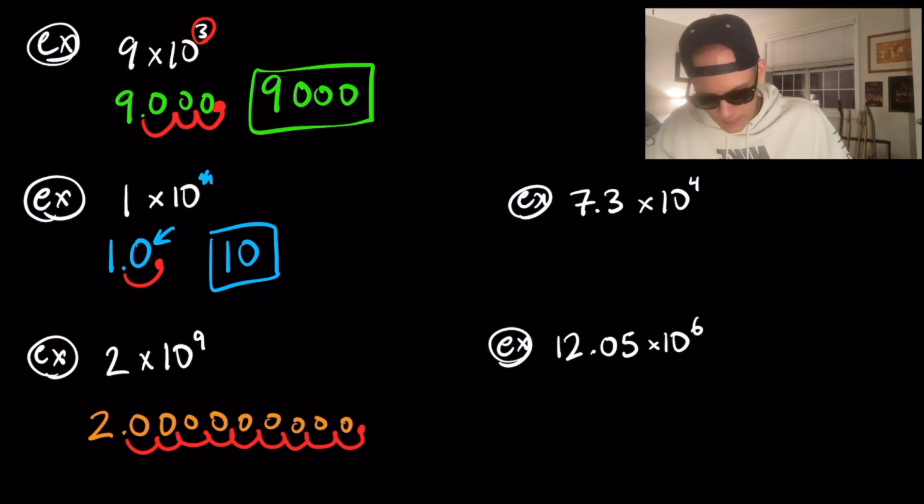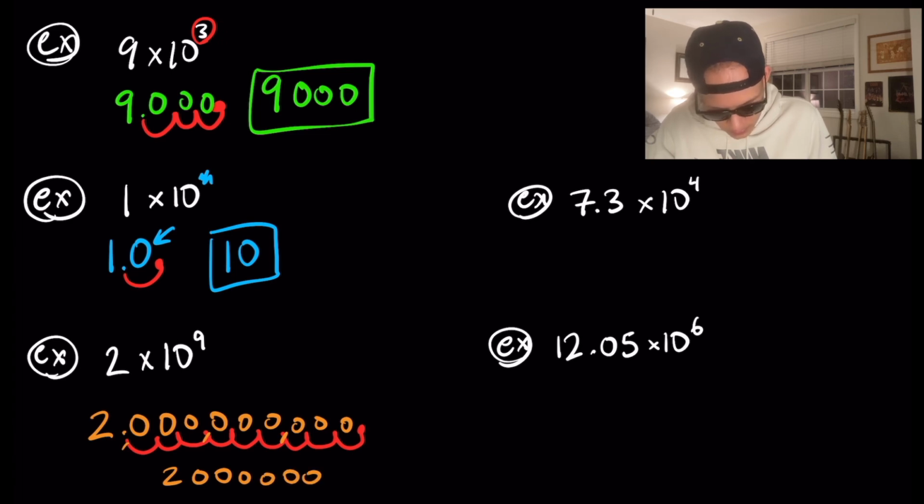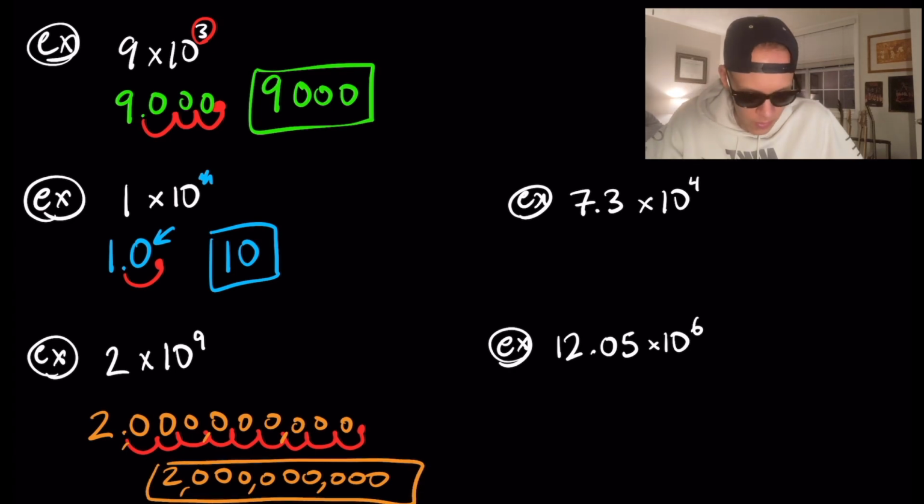So our number in standard form from 2 times 10 to the ninth is going to be, let's see, that looks like 2 billion. So 2 with 9 zeros after it.